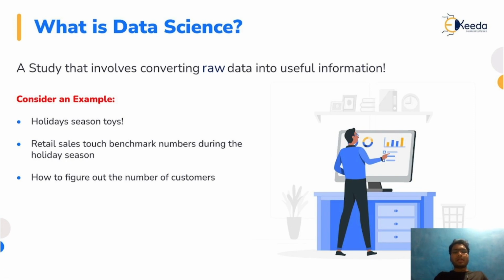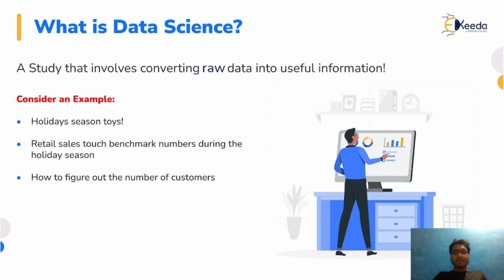So whenever someone asks you what is data science, you should tell them that on the basis of the data we should be able to understand the behavior, and we should be able to make some future predictions using that. So that is data science. Basically, data science is a study that involves converting raw data into useful information, okay. When we say that we are data scientists, our job is to get the data, get quality data, and then derive some useful information from that.